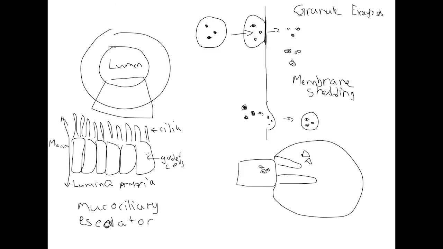And they also contribute to things like mucus production. So you saw that goblet cells only produce mucins, but other cells will also produce other things as well. And the lamina propria we'll come back to, at least the immune cells that are inside it, in the future.